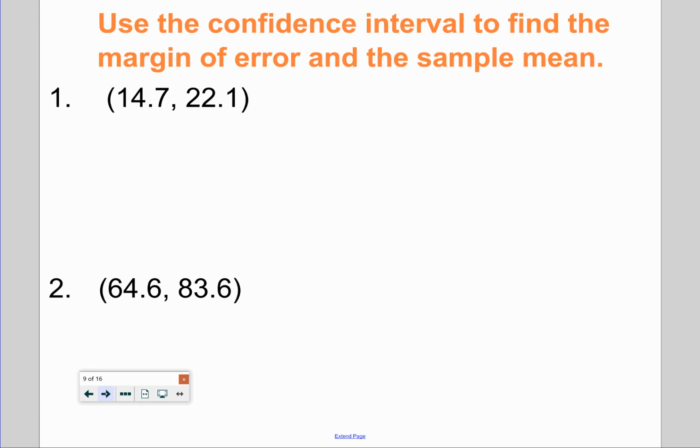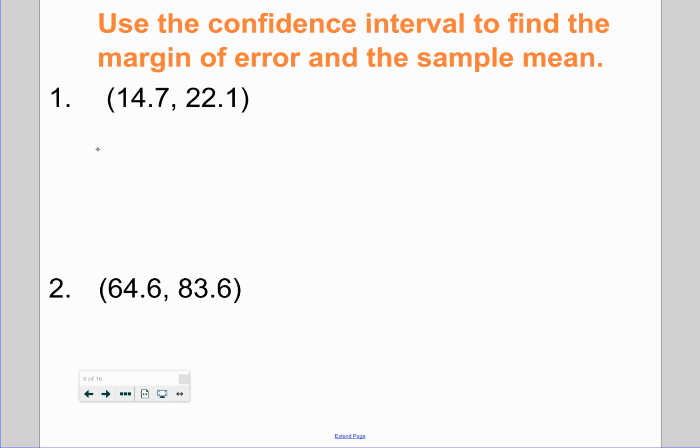Next on your paper, we have a confidence interval, which we'll be creating in a minute. We want to work backwards and find the sample mean and the margin of error. There is no difference in this problem versus what we did with the z-scores, the standard normal table. Your sample mean is going to be right in the middle of your confidence interval, and your margin of error is going to be the difference between that sample mean and each end of your confidence interval. So we'll just do one of these.